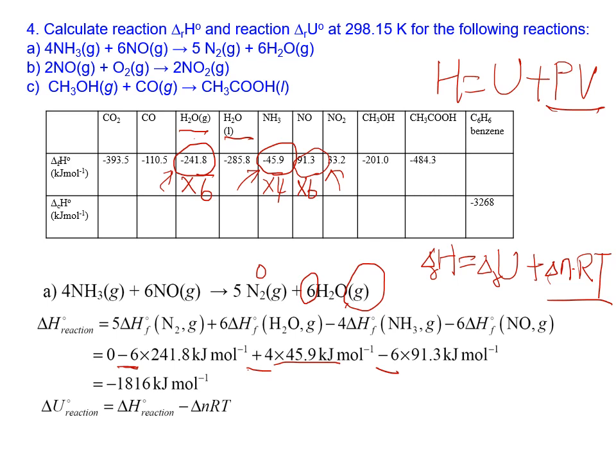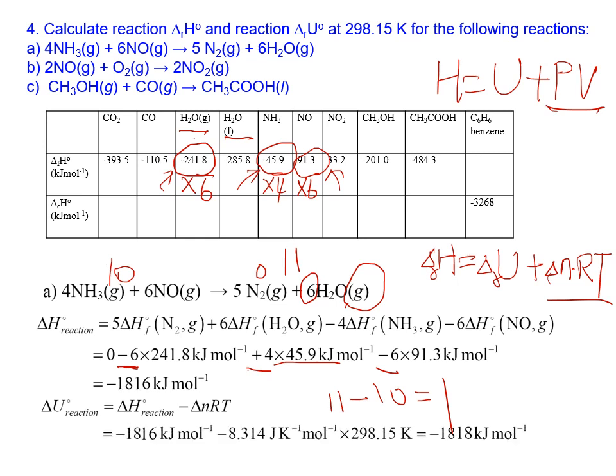Therefore delta U should equal delta H minus delta N times RT. Now delta N in this question, let's calculate. For the reactants it is 4 plus 6, which is 10. The product is 5 plus 6, which is 11. So delta N is 11 minus 10, which is positive 1. So delta U equals delta H minus 1 times RT.